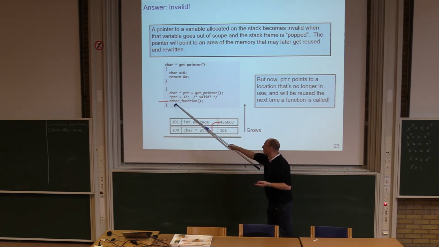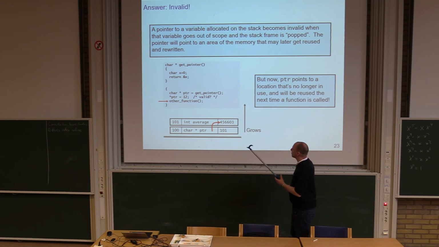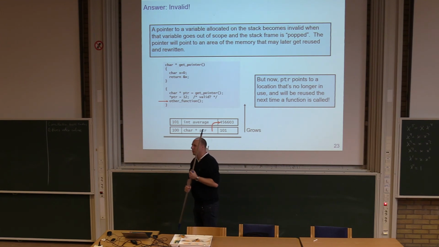For example, if this other function is doing changes to the stack, then if you try to access the pointer afterwards here, it might have a completely different value. But if it doesn't, it might have the same value for some time until someone else messes with the stack. Yeah, was that the answer to your question? Yeah, I will follow up on that.